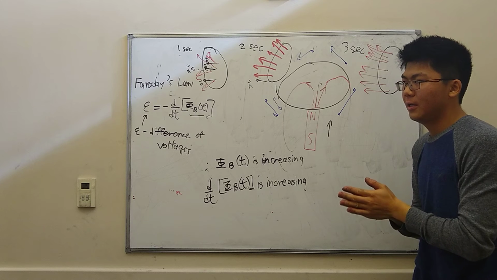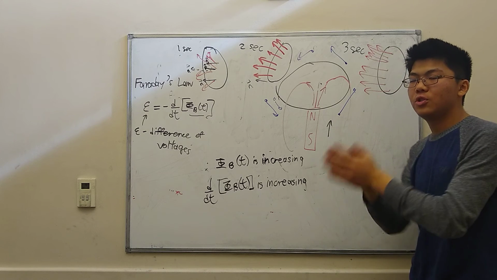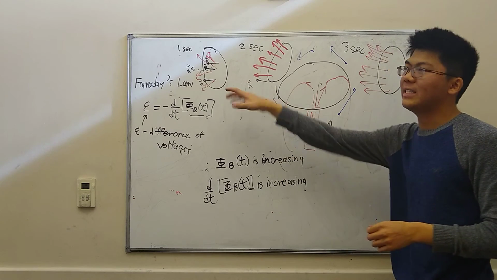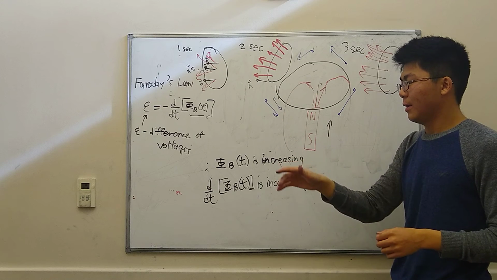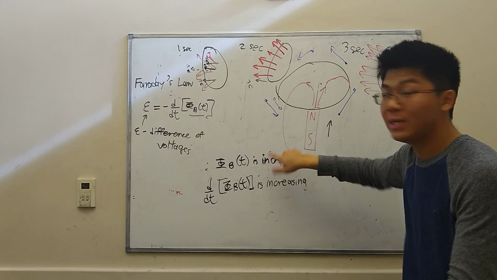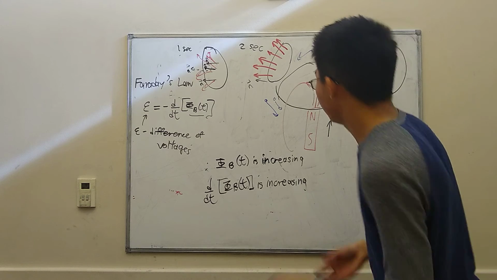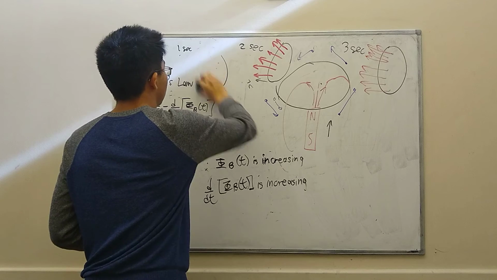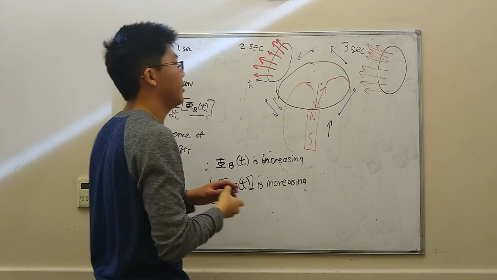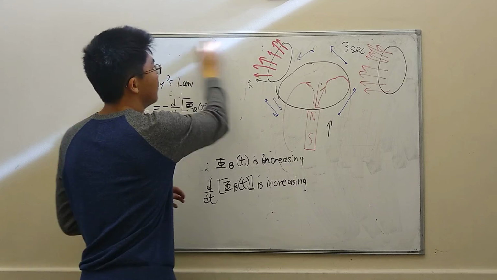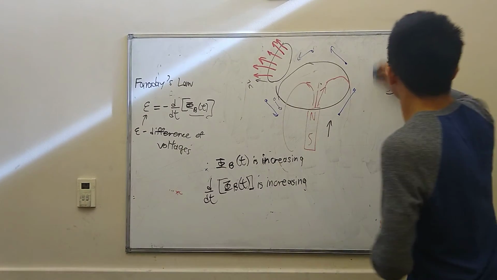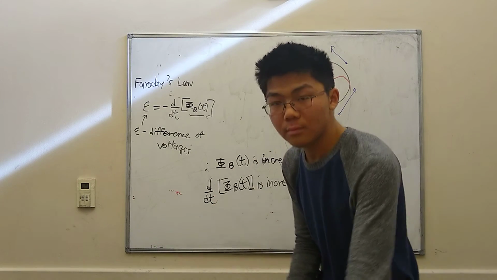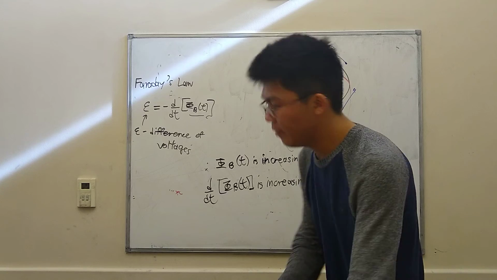Now, let's give an example of the case where the flux isn't increasing over time, but it's actually going to be decreasing over time instead. So let's reverse the scenario here. Let's say this is our loop of wire again.